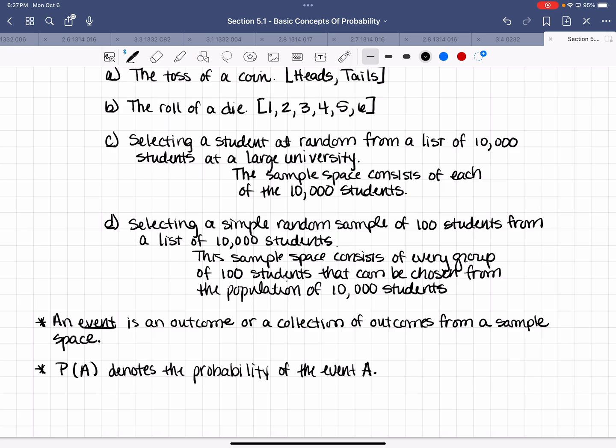And finally, oh, I need to flip the page. I might flip the page, because this one's longer. We actually define P of A. Y'all good?